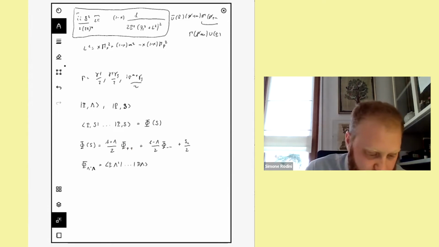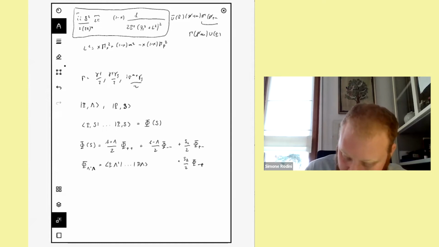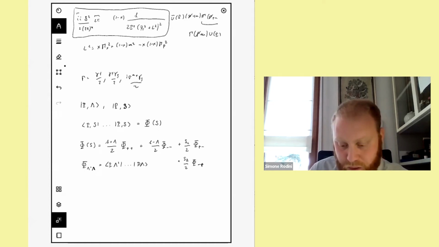Well, now I will tell you what this s left and s right are. Plus minus plus s right over 2 p minus 2. So you can just play the game of computing it with this phi s correlator. You plug these definitions in.